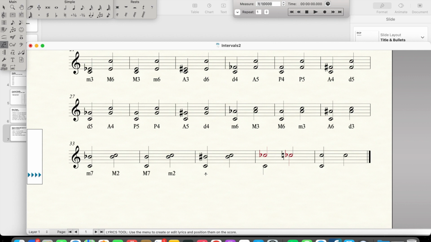Oh boy, this is scary looking. C to B sharp. This would be an augmented seventh. Becomes a diminished second. Yep.